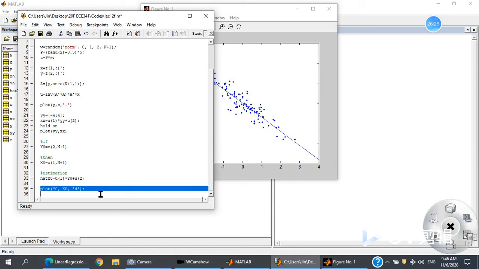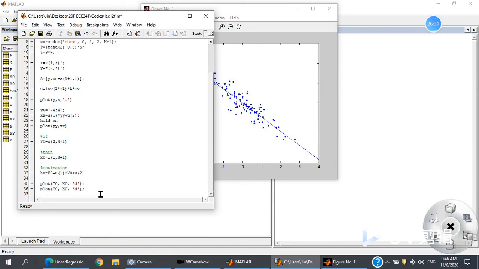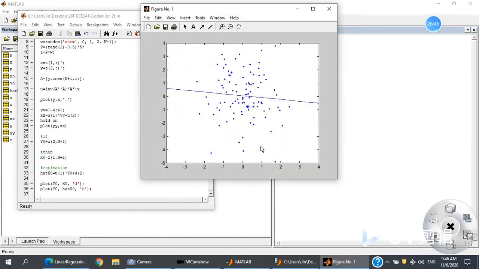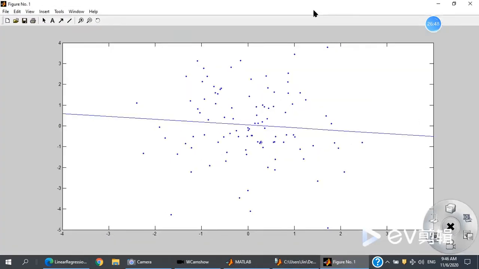Okay, and then y0 and the hat of y0. Here I use a circle for it. Alright, let me run. Can we see? Do I have the diamond? Here's a diamond, with the circle.